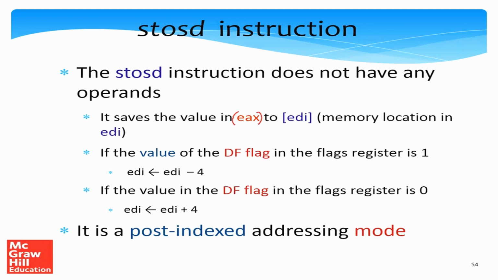Essentially it's a store instruction. It takes the value in EAX, assumes that EDI contains a memory address, accesses memory at that address, and does a store. So EDI is assumed to contain by default a memory address, and the value in EAX is stored over there.